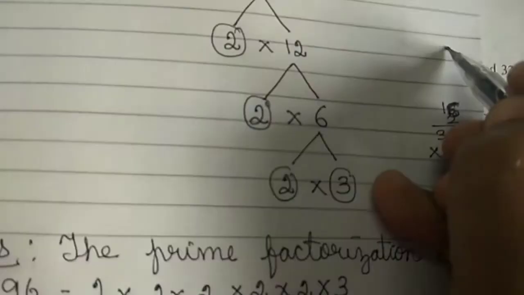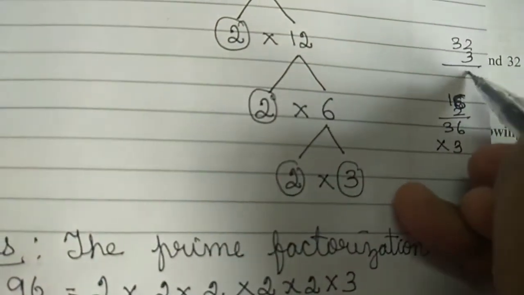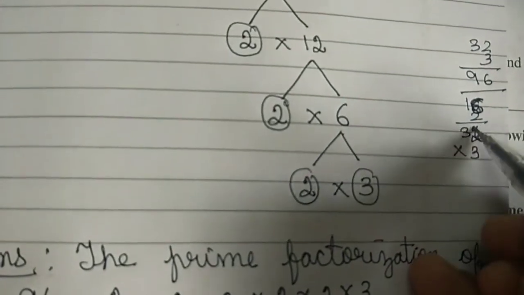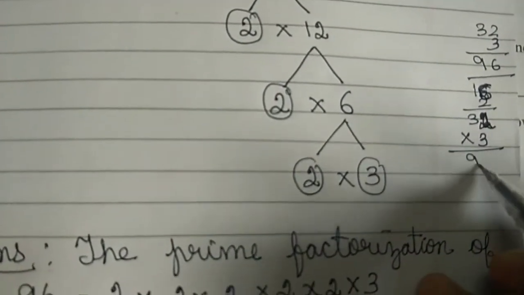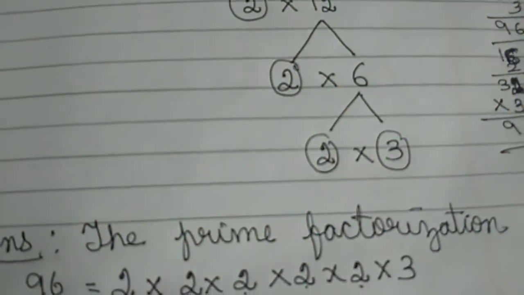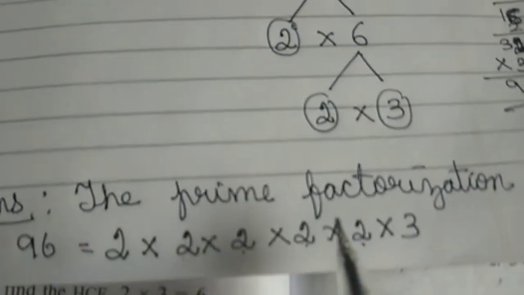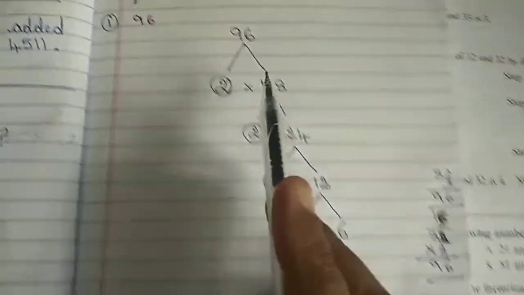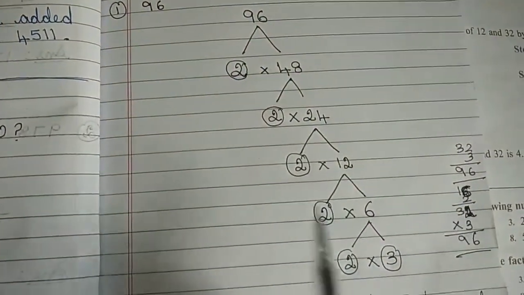Sorry children, I put it wrong earlier. So 32 into 3, what will come, children? 96. So when you multiply these factors, you will get the answer 96. So the sum is correct.